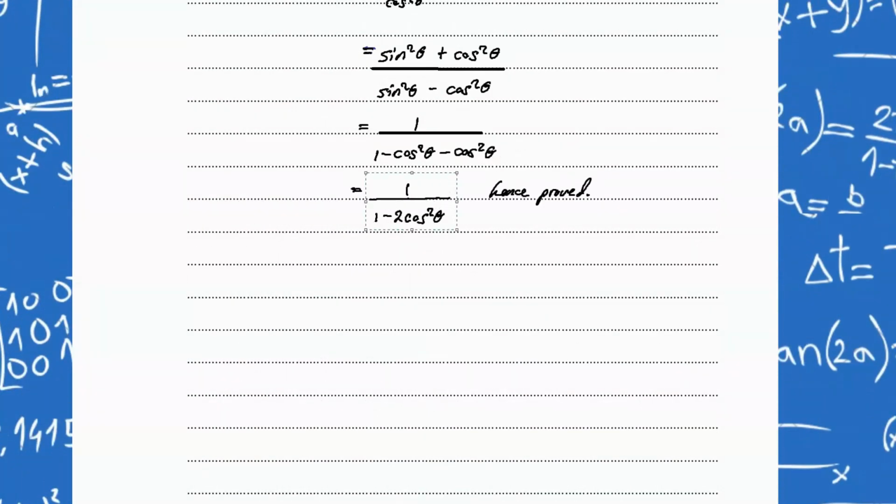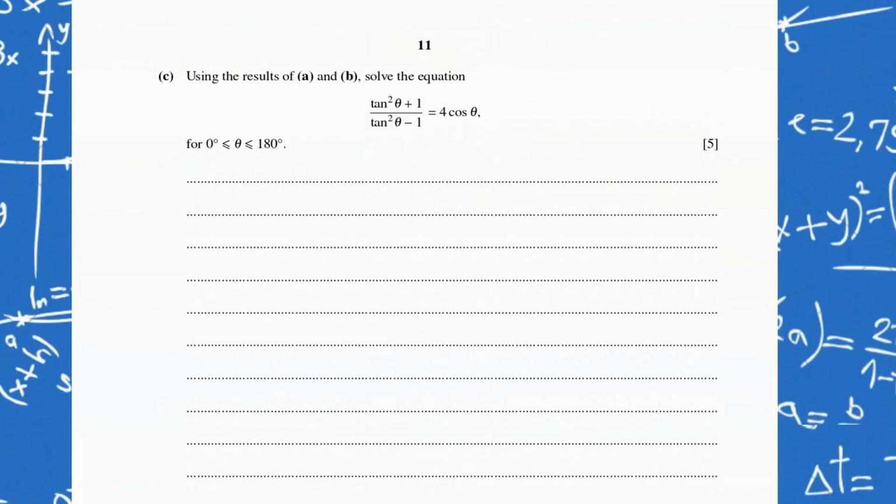All right, so that means here that the equation can stand to be this equals to 4 cos theta, and if we multiply both sides by the denominator, we get 1 being equal to 4 cos theta of 1 minus 2 cos squared theta, which is 1 is equal to 4 cos theta minus 8 cos cubed theta.